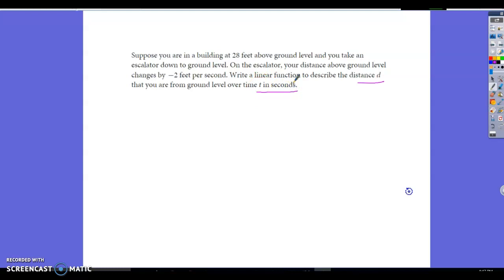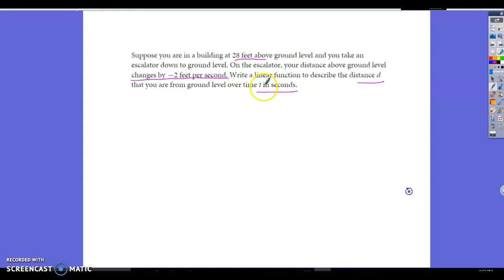We know that we start at 28 feet above the ground level, and we know that we change 2 feet per second. So the first thing we need to do is, what are we going to name our function? Since our variables are d and t, we have to know which one is our independent variable and which one is our dependent variable.